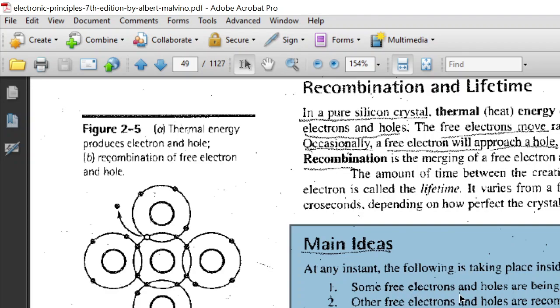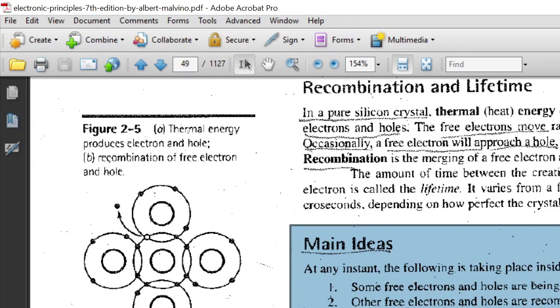Some free electrons and holes are being created by the ambient thermal energy. Some free electrons and holes are recombining, and some free electrons and holes are existing. They have already been created, they are not recombining, they are not being created, they are existing there. Okay, so please keep this in mind.